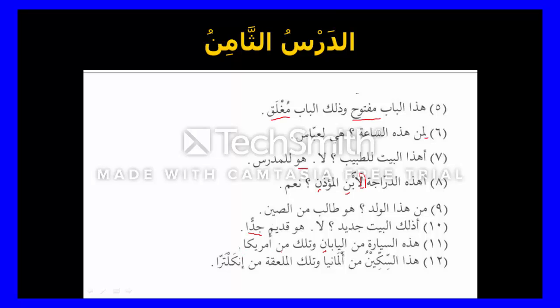For example, this is harf jar, but why doesn't it have a kasra? It's going to be called estimated. So we either have a sign that's dhahir, apparent, or muqaddara, estimated. Estimated means we don't see the actual sign, but it is in the state of jar because of the harf jar.